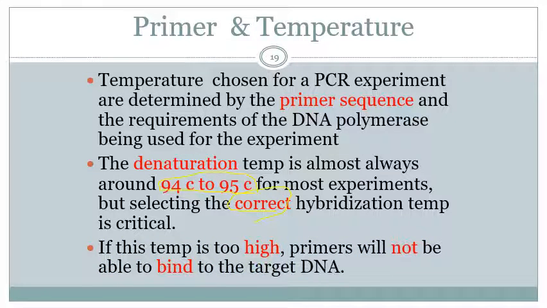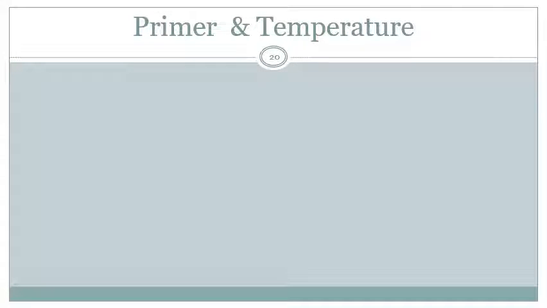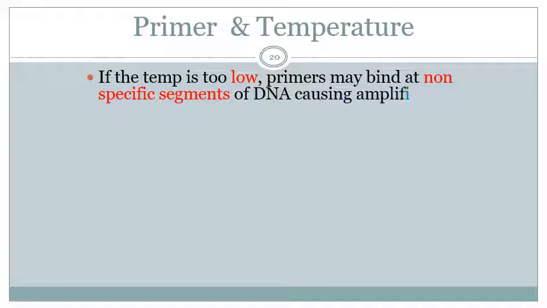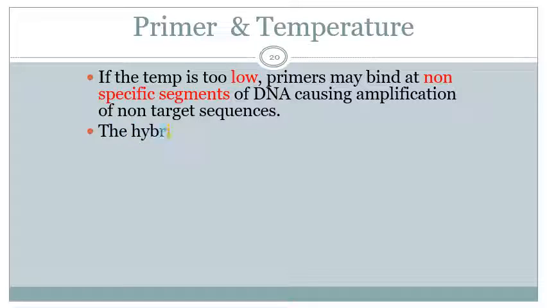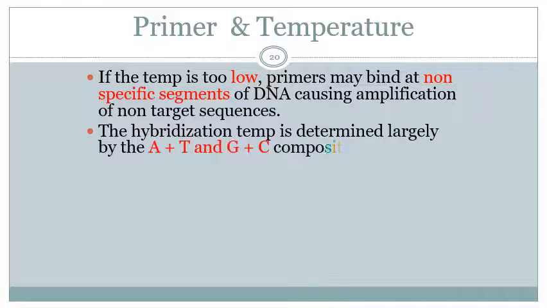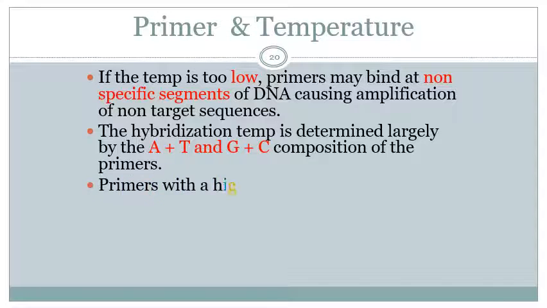If the temperature is too high, primers will not bind to the target DNA. If the temperature is lower, then also the primer may not bind properly; and if the temperature is very low, there are non-specific segments of DNA causing amplification of non-target sequences. So the hybridization temperature is determined largely by the A plus T and G plus C composition of the primers.